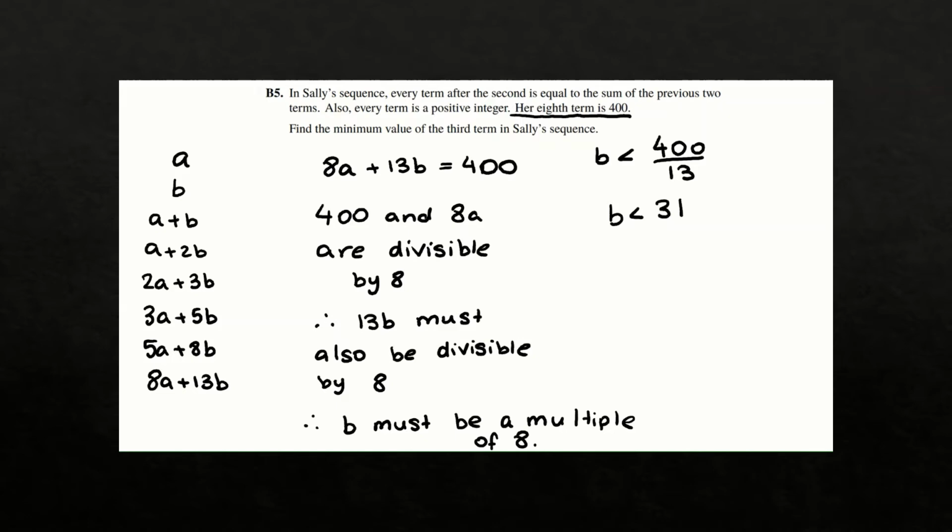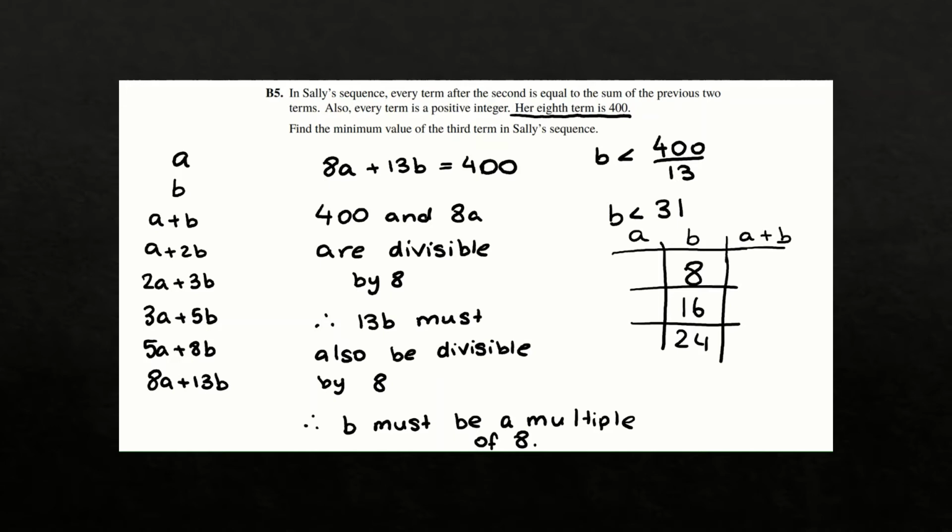Now this means that there are 3 values of B. These values are 8, 16, and 24. Now if we draw a table with the value of A in the first column, the value of B in the second column, and the value of A plus B, Sally's 3rd term, which we want to find, in the 3rd column.